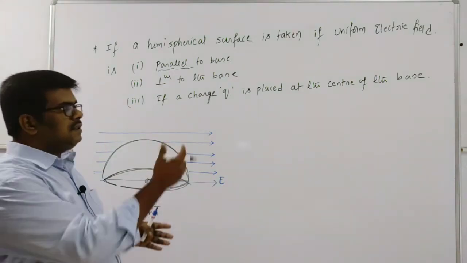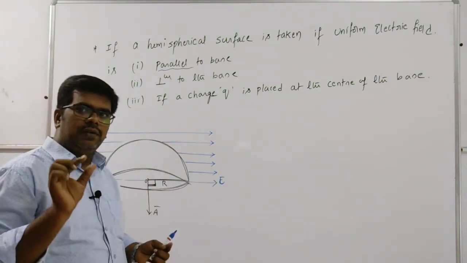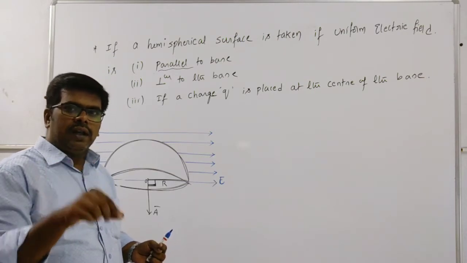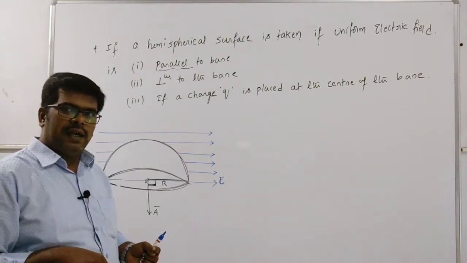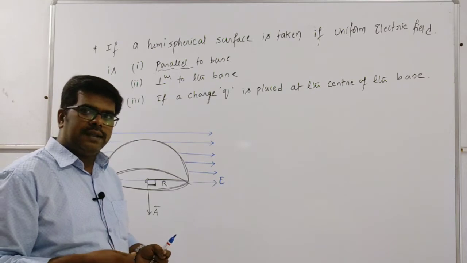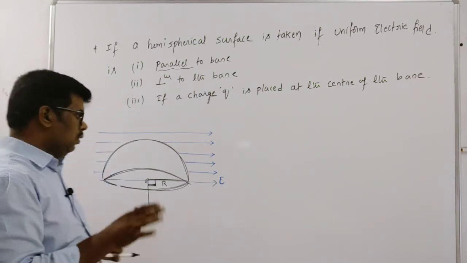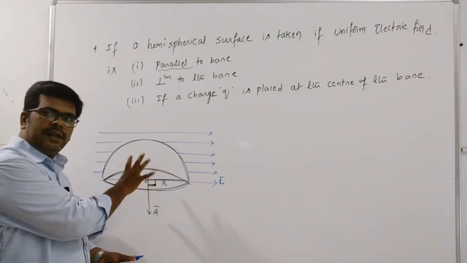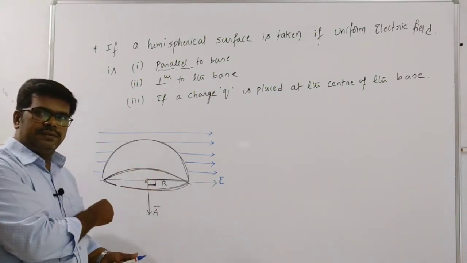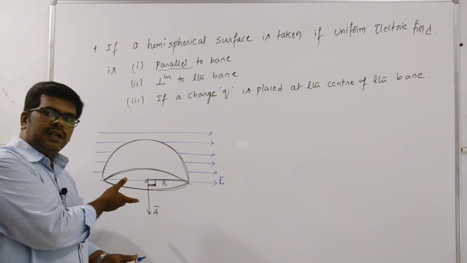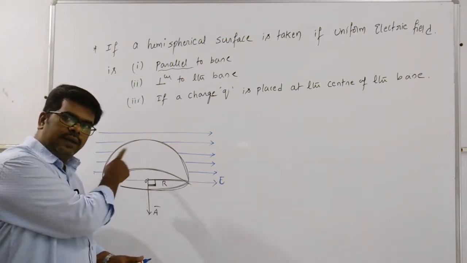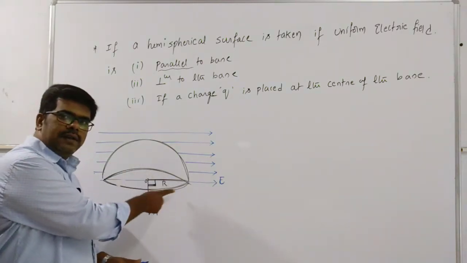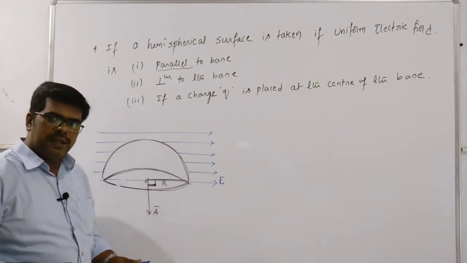But we already discussed in the previous cases that if any closed surface does not enclose any charge inside it, the net flux through it is 0. The same way here, this hemispherical surface does not enclose any charge, so the total flux through the curved surface plus the plane surface is equal to 0.